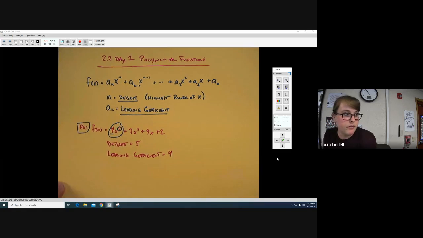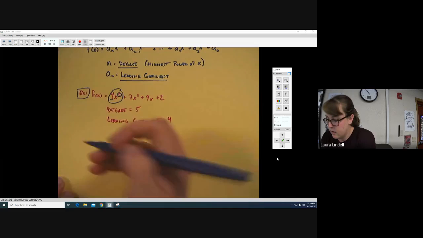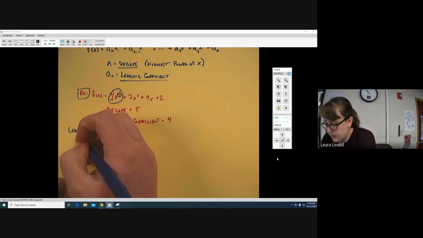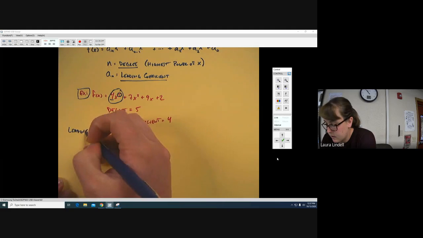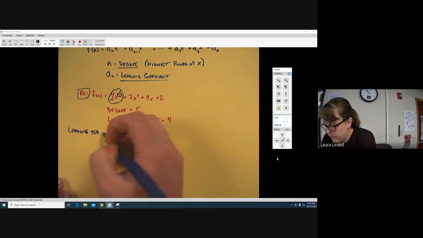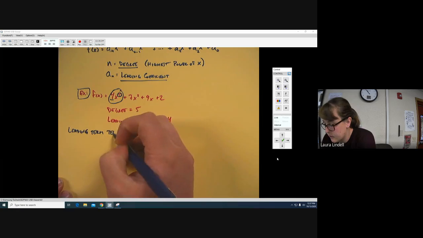So being able to identify the degree and the leading coefficient is important for this next part, because this next part introduces something called the leading term test. Leading term test.